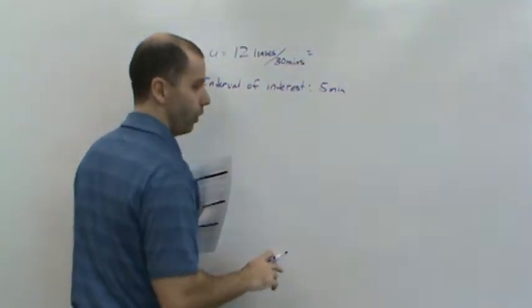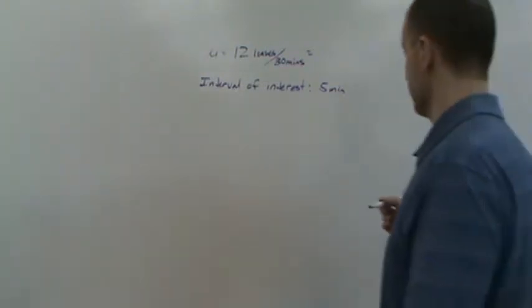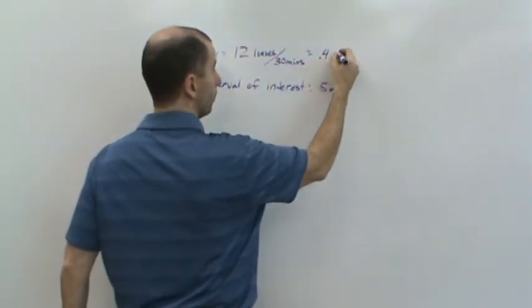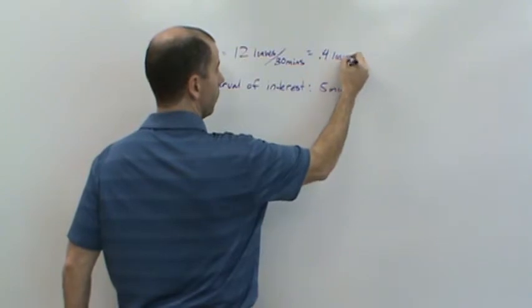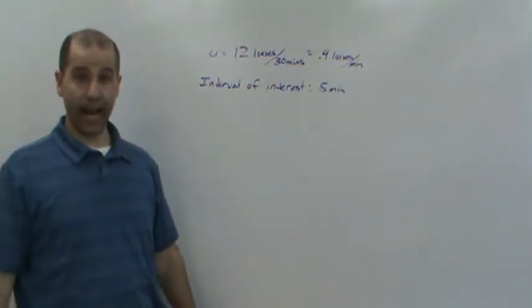So look, this is going to be equal to what? 0.4. So it's going to be 0.4 loaves per minute. That's the average.